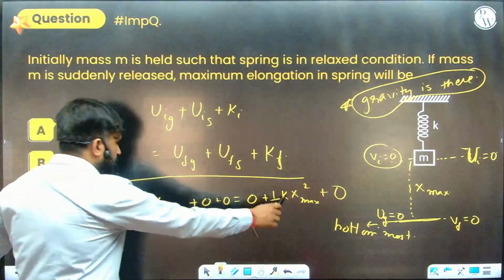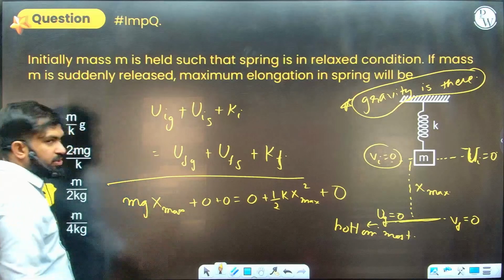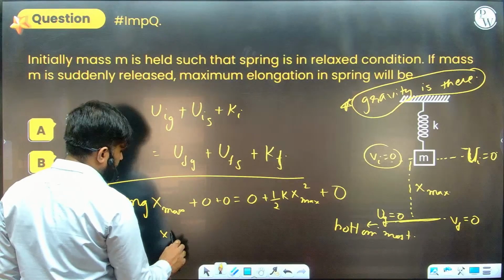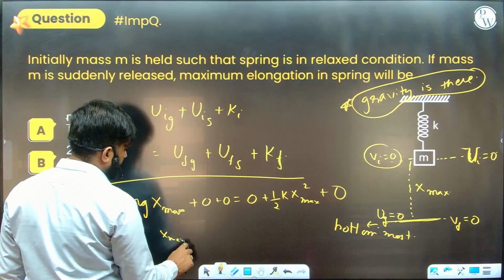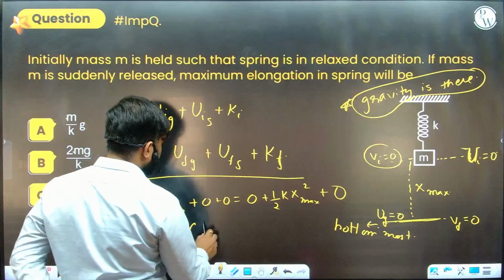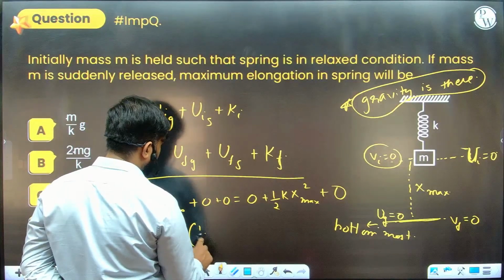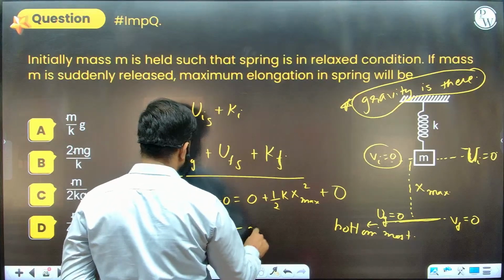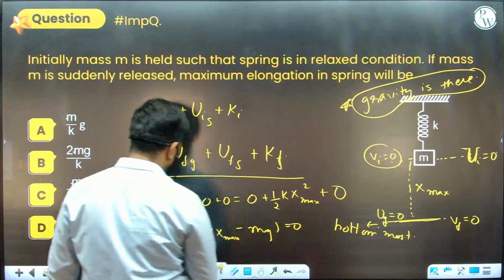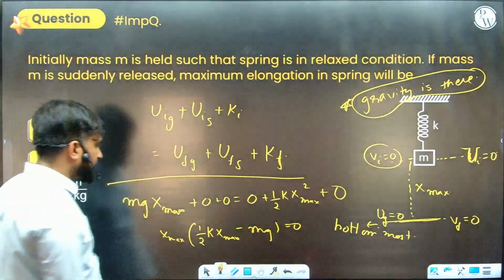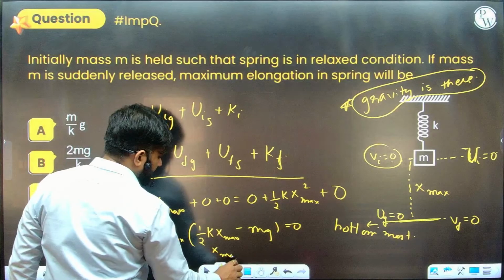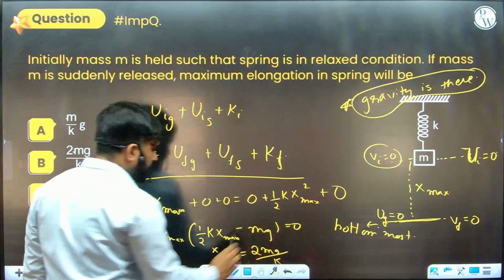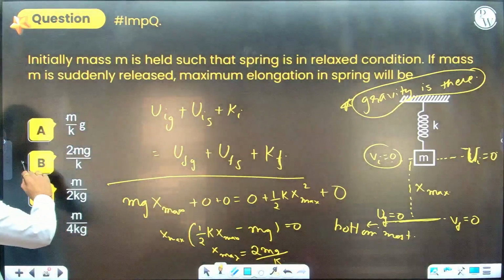So from here you can just cross multiply. x is not 0, I can skip it, and I'll take x out, and it is half k x max minus m g equals 0. x max is not 0 because we are not looking at the initial position, so x max becomes 2 m g by k, standard format, 2 m g by k.